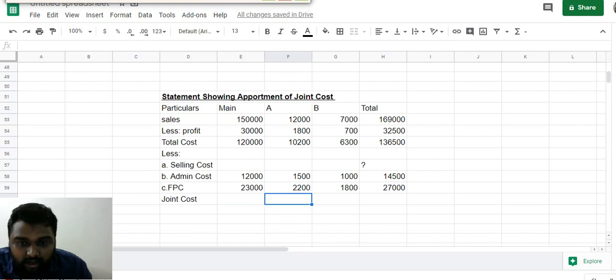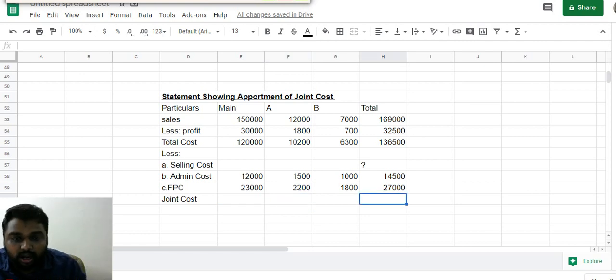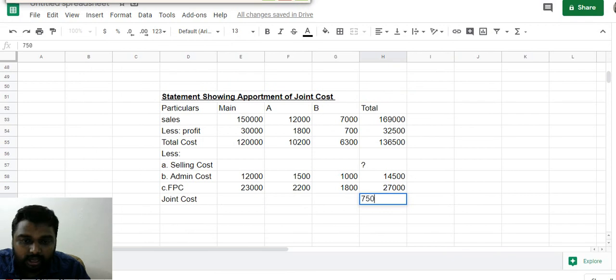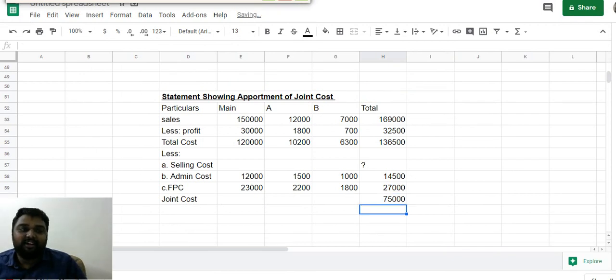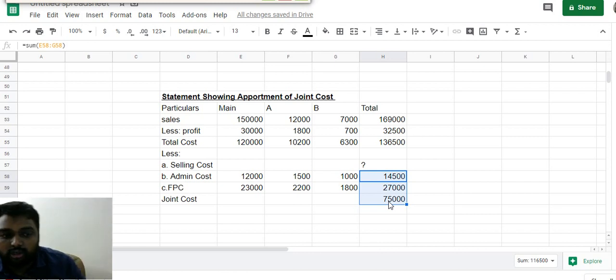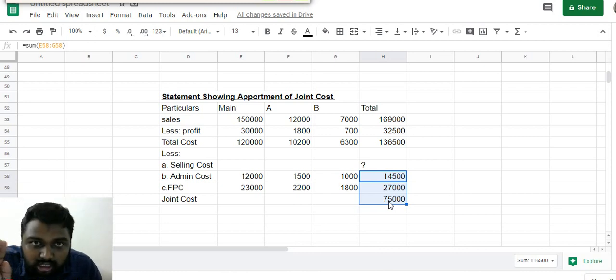Here the total of joint cost is given in the question. That is before separation, it is 75. This is the clue: the total given before separation is 75. Now the total cost is this much. This is all the cost other than selling cost.